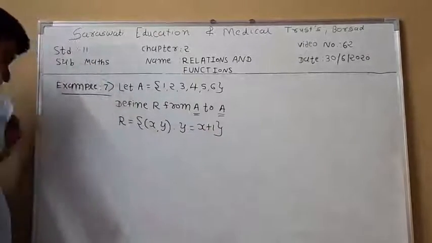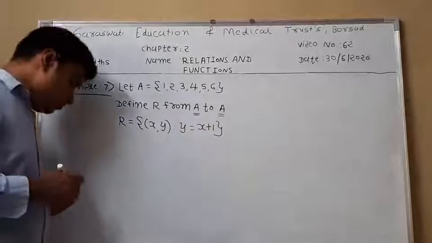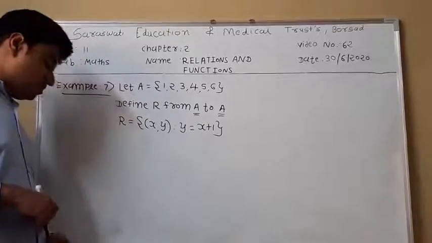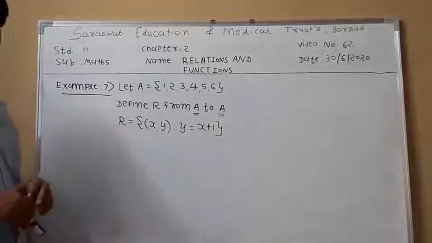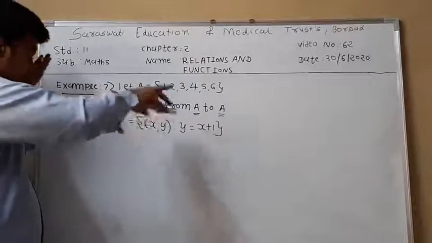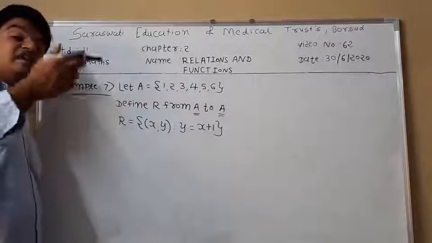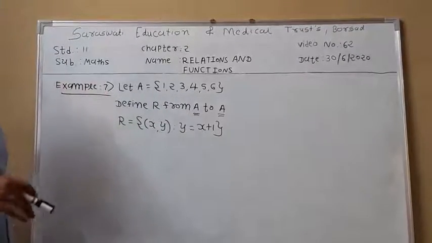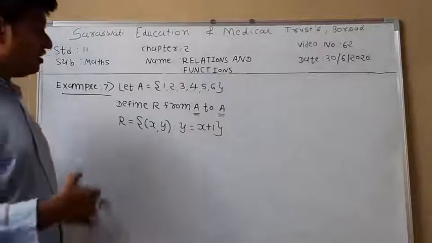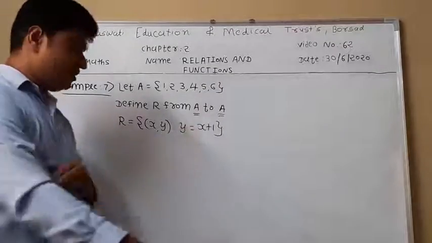Our question is, first of all, discuss the relation using an arrow diagram, which means represent this relation in an arrow diagram, and second, find out the domain, range and codomain of R.